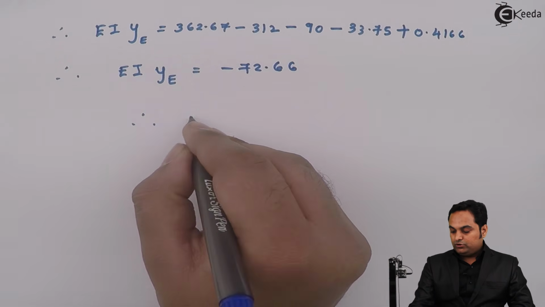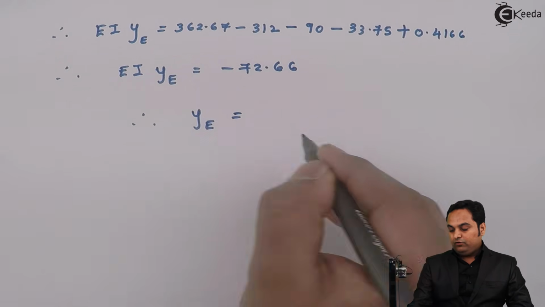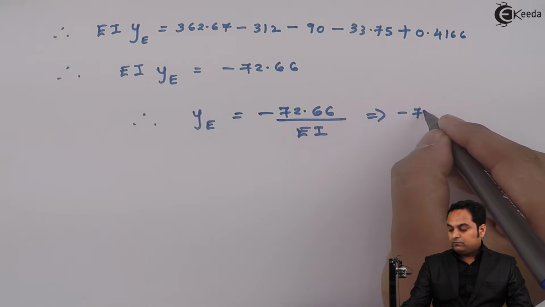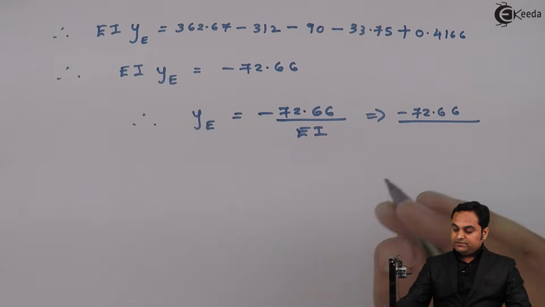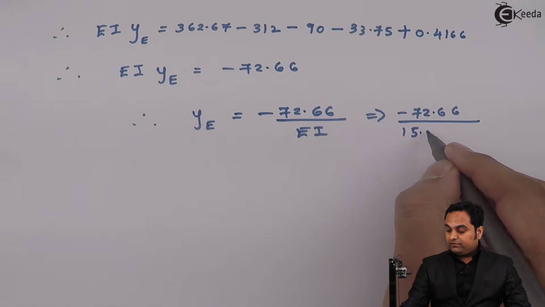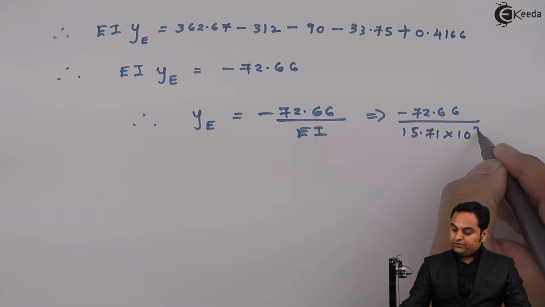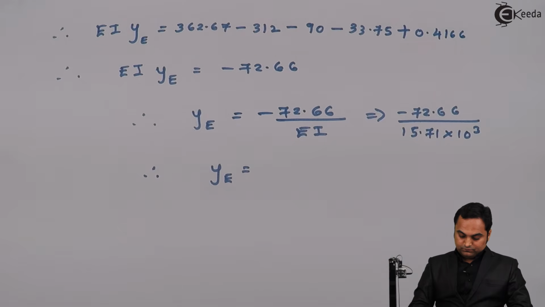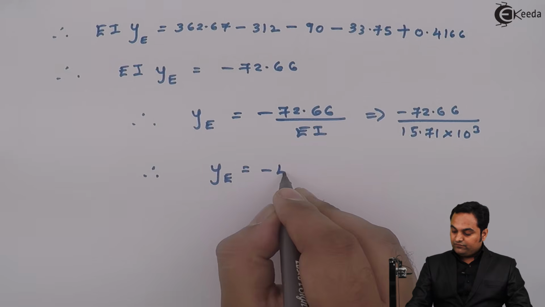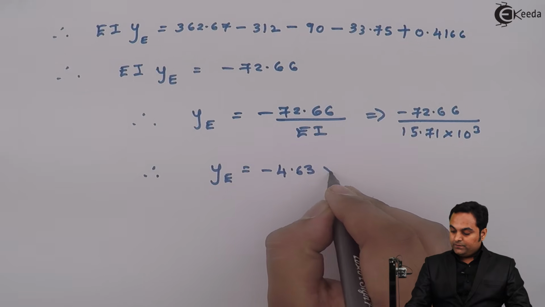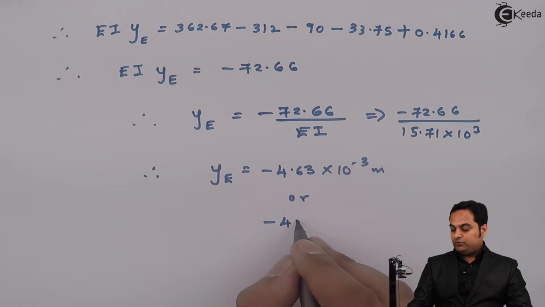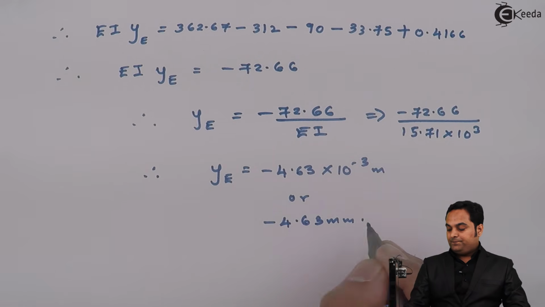Now I want y suffix E, so shifting EI in the denominator, EI is 15.71 into 10 raised to 3. So therefore the deflection at point E comes out to be minus 4.63 into 10 raised to minus 3 meter, or we can say minus 4.63 mm.